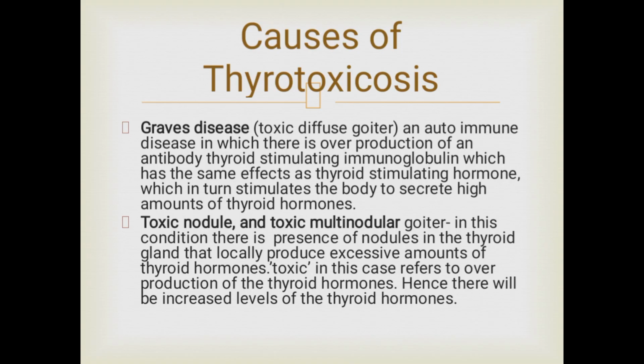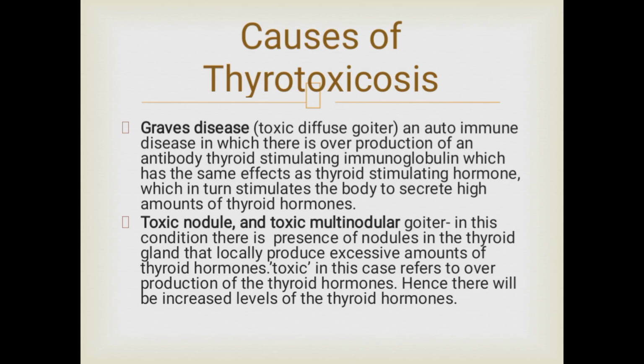So in Graves' disease, like they've said, it is an autoimmune disease where the body itself will start coming up with antibodies, so that this autoimmune function resembles the function of the thyroid stimulating hormone that now stimulates the production of these thyroid hormones. So that is in Graves' disease.